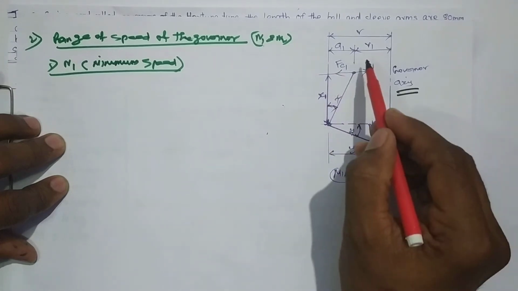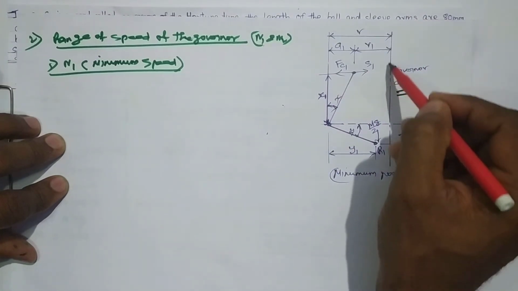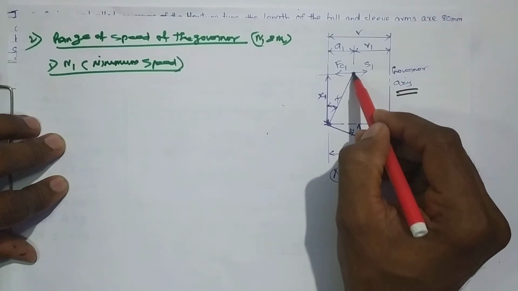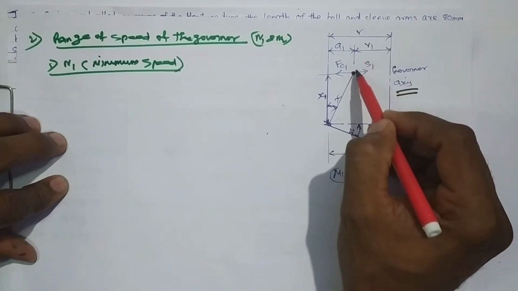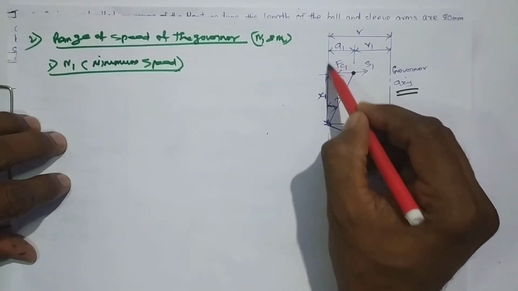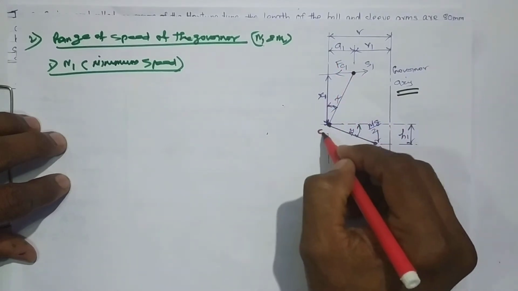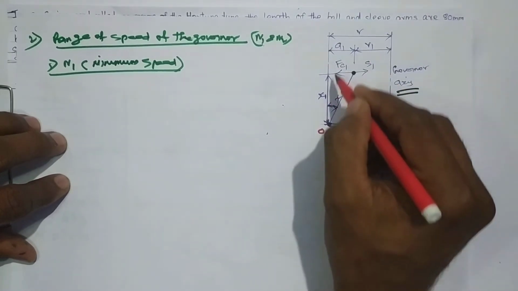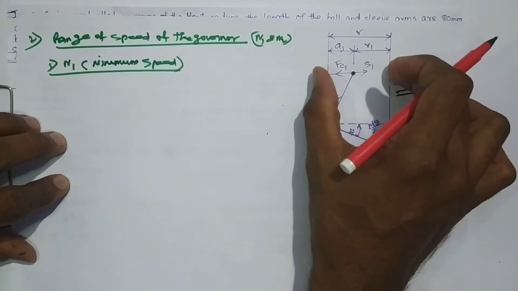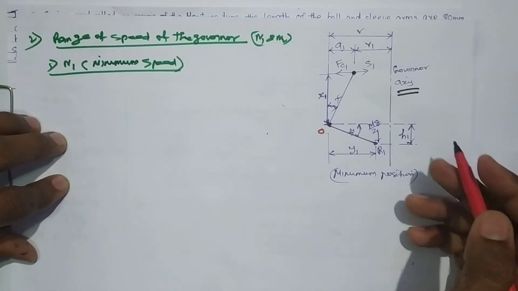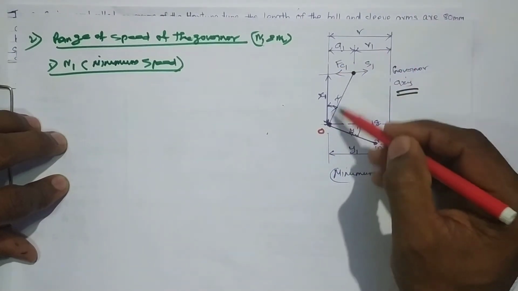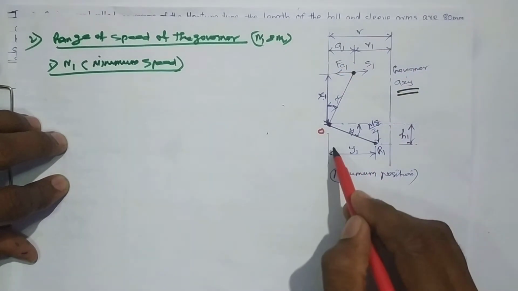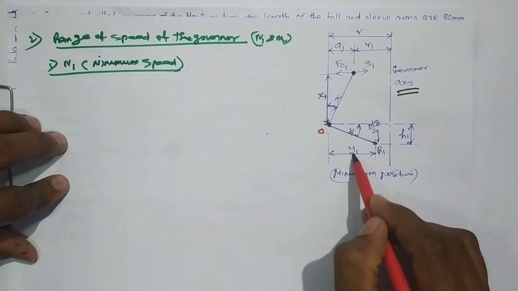So the distance between the axis of the governor to this ball point is r1. So the distance from the ball point to the vertical line through the pivot O point is a1. So the total distance is r, right? The vertical distance from O point to this ball point is x1, and the horizontal distance from O point to this point is y1.